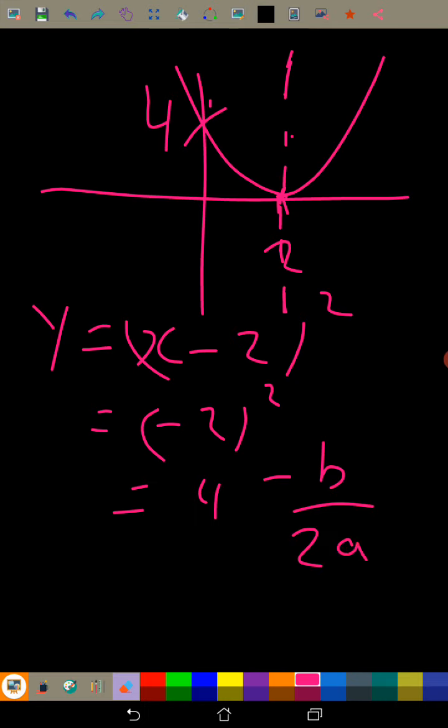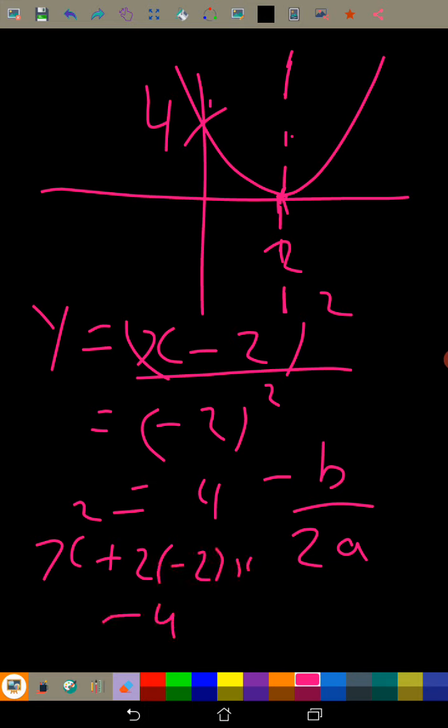So minus b, we can recalculate this: x squared plus 2 times minus 2 times x, so this is minus 4. So it's going to be 4 on 2, which is 2. This is a line of symmetry of the curve. So very good.